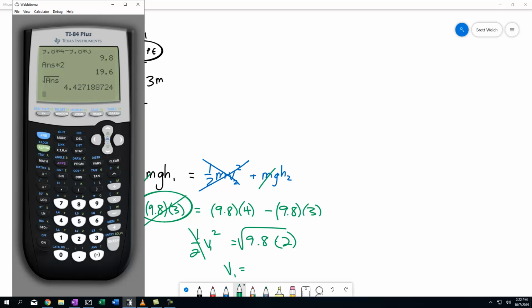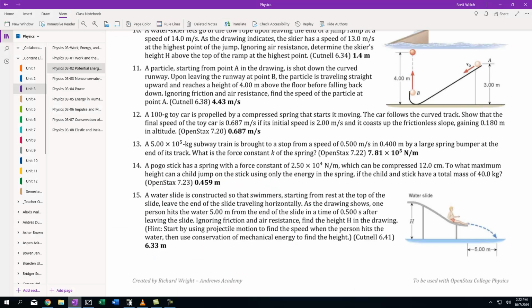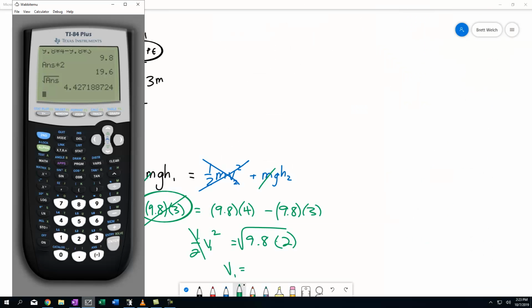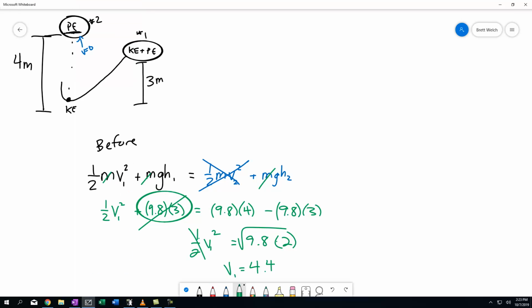Based on our numbers, I'm thinking this is a 2 sig fig answer, but let's take a quick peek. They're using 3 sig figs. Oh, it's 4.00 meters and 3.00 meters. So they're being hyper accurate. So sure enough, we're going to get 4.43 meters per second for that first speed.